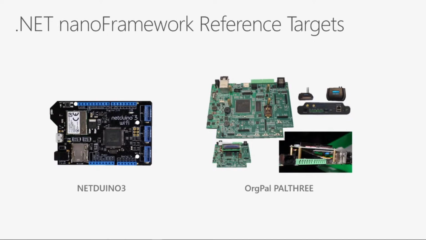And then we have the ArcPal 3, which is from a US company called ArcPal, and this is used on their telemetry system. This was the first commercial product that we were aware of that runs .NET nanoFramework.